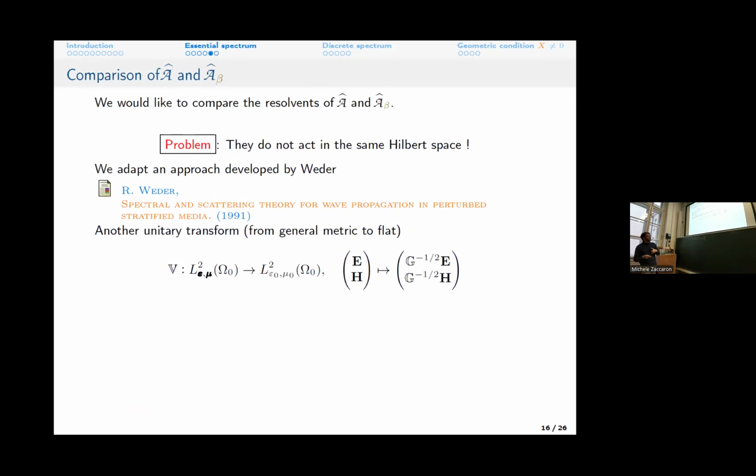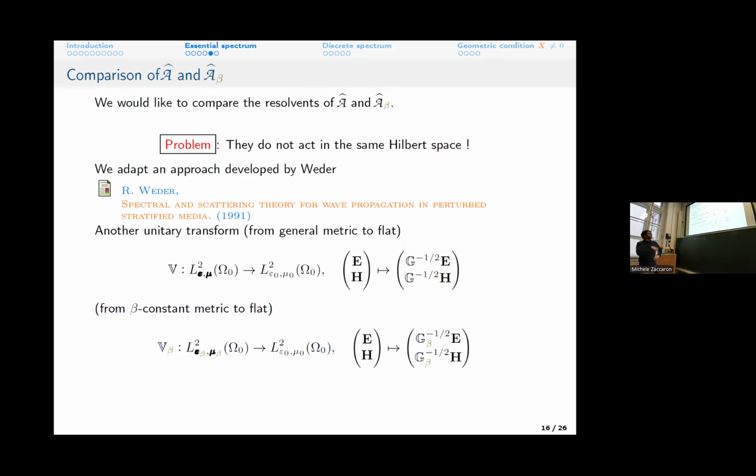So we need to flatten the geometry. So we implement another unitary transform, and it's brutal in the sense that you just flatten the parameters by taking the square root of the inverse of this G matrix. You do it from both sides.